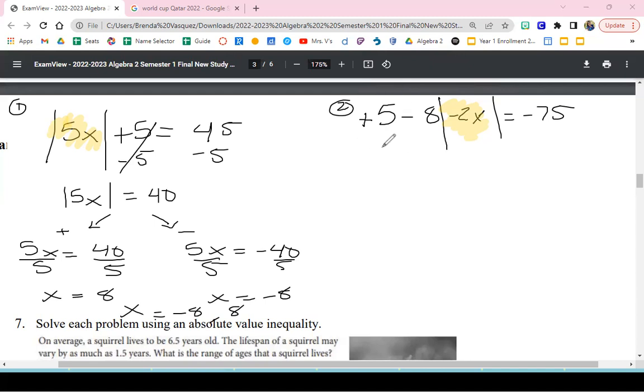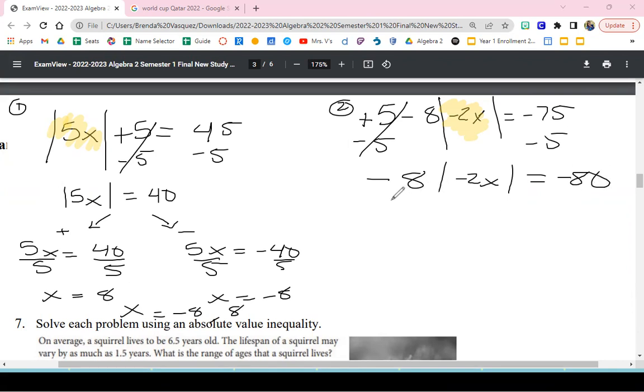It's positive, so it's adding 5. So how do we get rid of that 5? So let's go ahead and subtract 5. It's written in the front, the same as if it were written afterwards. Okay, so we have negative 8, absolute value of negative 2x equals negative 75 minus 5, negative 80.